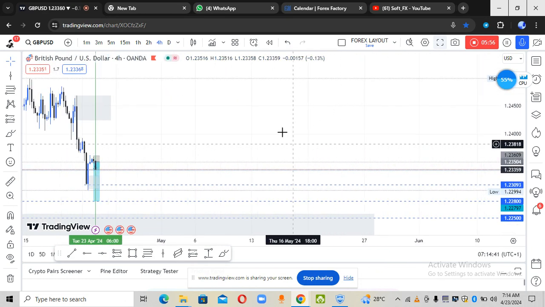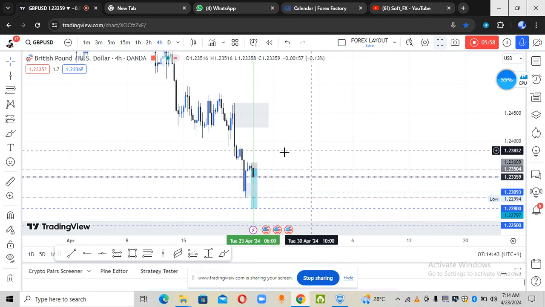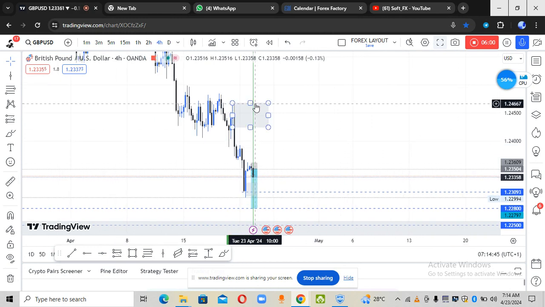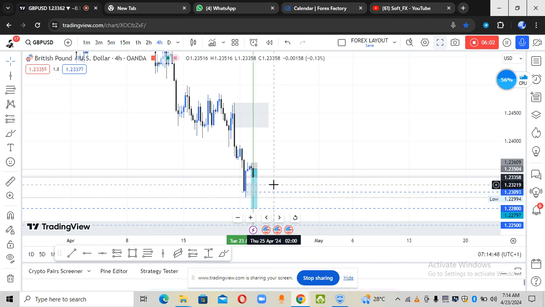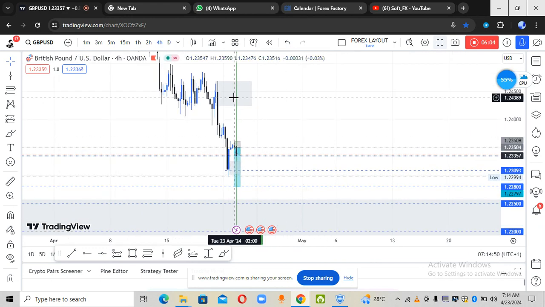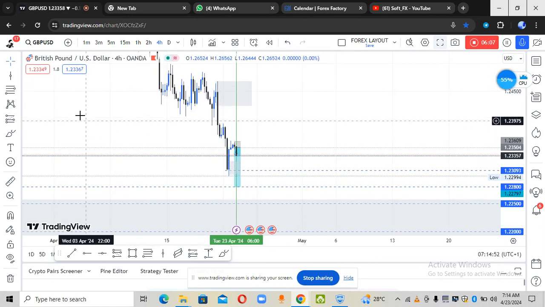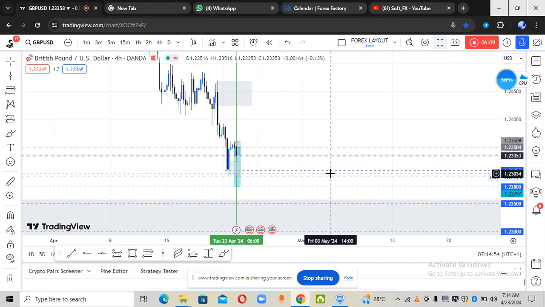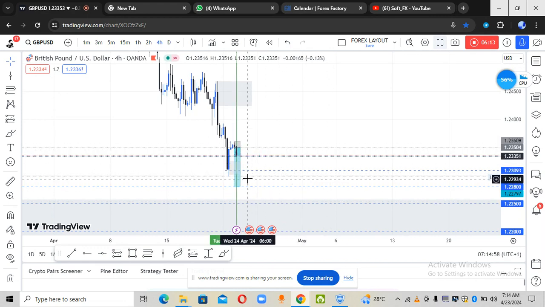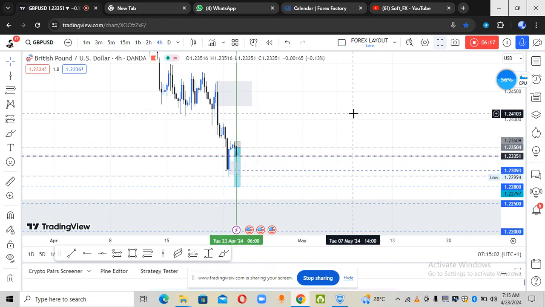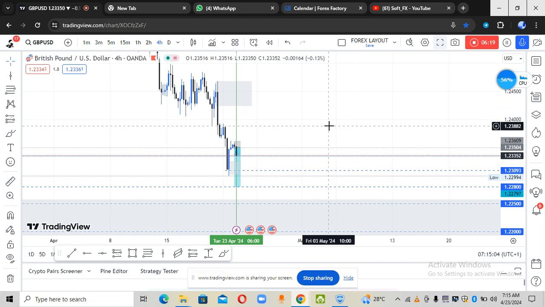So I would want to see some kind of break above this level before I say we are now reversing. Or if we come down, create a kind of double bottom, then see a break above this level, then I will say we are now in an uptrend. But for now we'll keep selling GBPUSD.